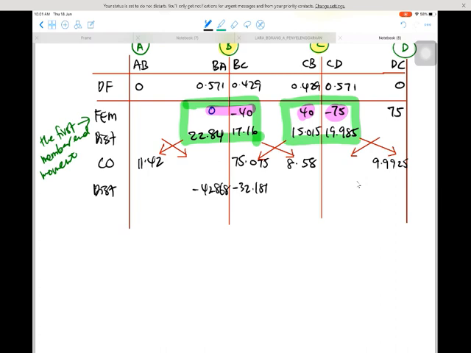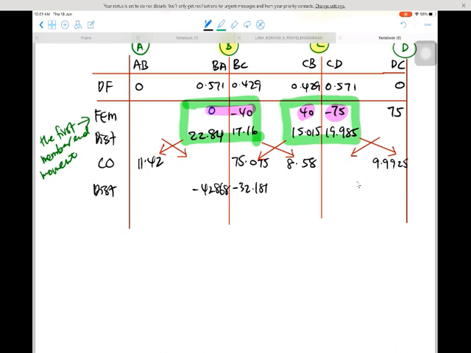Okay, maybe we should do it like this. 75.075 times 0.571. We only consider up to 2 decimal points or 3 decimal points. 2.8686868.